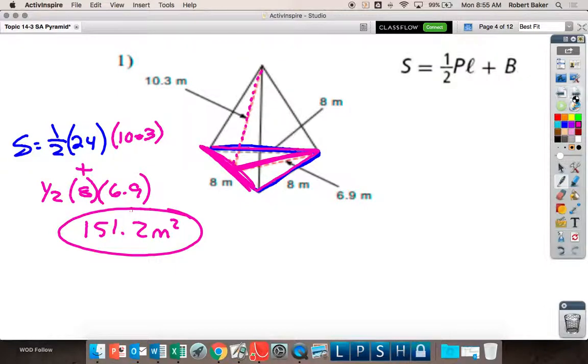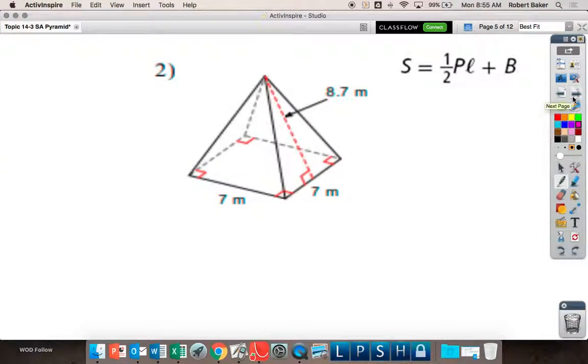Let's see what else we got here. What do you call this guy? A square pyramid. So the shape of the base is a square.